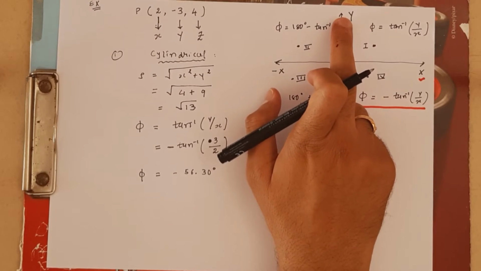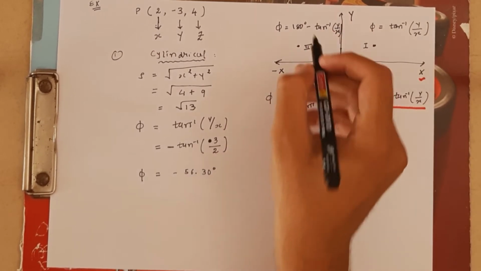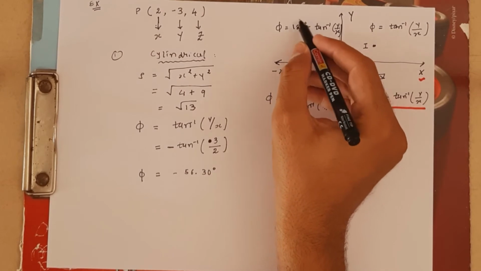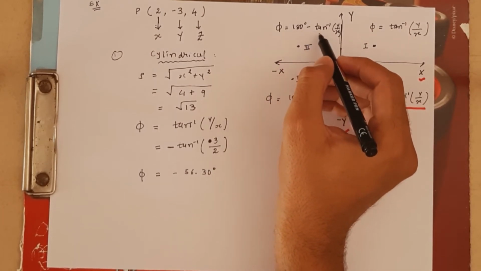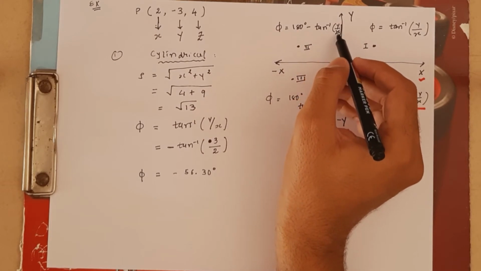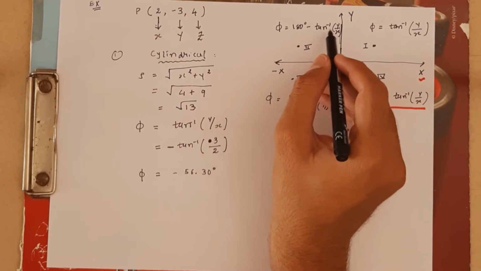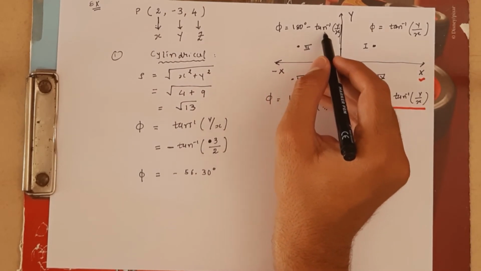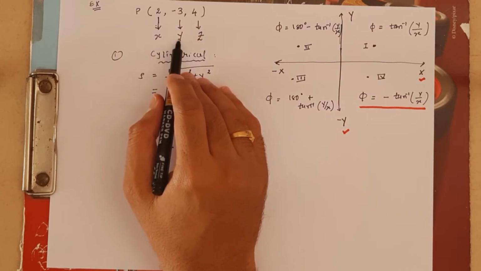Now in this case I have to put y equal to 3 and x is 2, not minus 2, because this negativity is already reflected here. So 180 degree minus tan inverse 3 by 2, not 3 by minus 2. Clear?